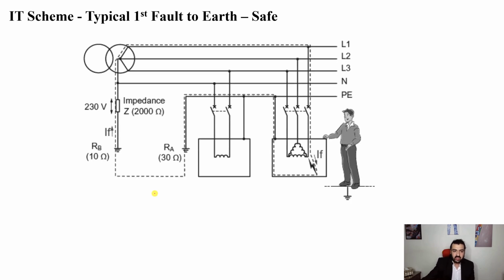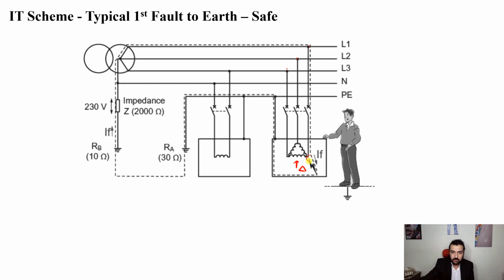Okay, again, the same case. We have this equipment here. You can see it takes the 3-phase and neutral, or it takes only 3-phase, a 3-phase load. You can see L1, L2, L3 because this is a delta motor. For example, we have L1, L2, L3 entering this one.